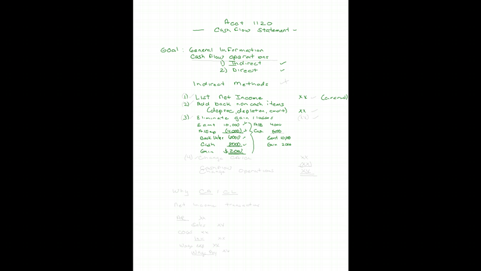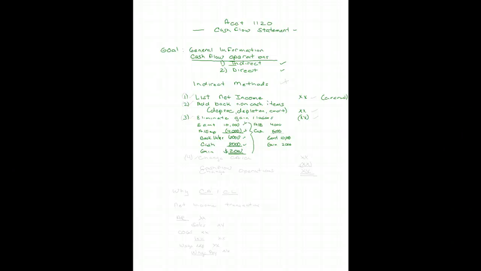When you were doing the indirect method of cash flow from operations, which is what we're doing, you have added that $2,000 gain into net income, because it's part of net income. You need to take the gain out, so you need to eliminate the gains and losses. So you would subtract that from net income to get rid of the effect.